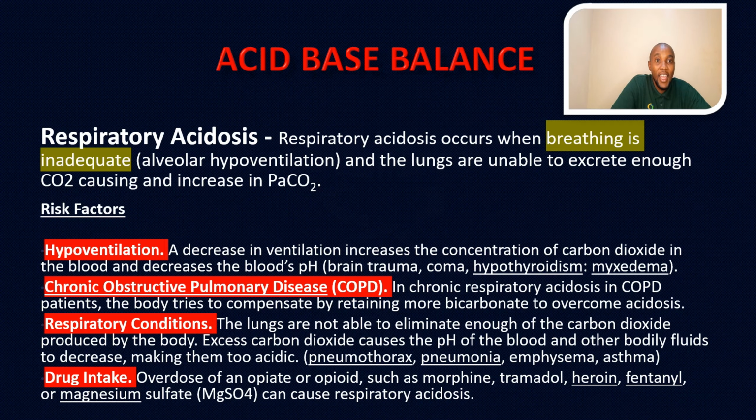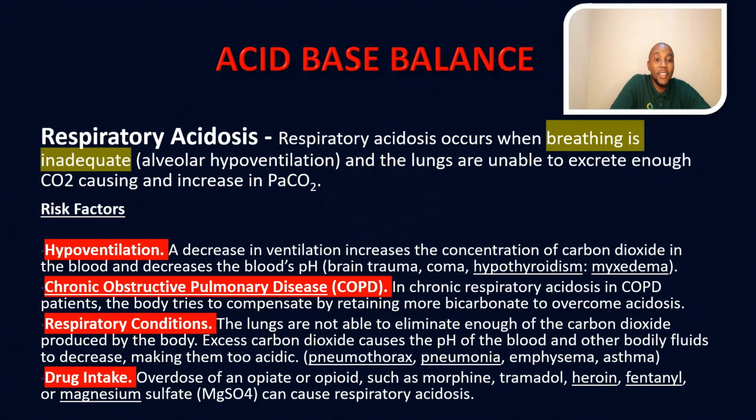What are some of the risk factors which can contribute to respiratory acidosis? One, as the name suggests, respiratory, we have some respiratory conditions such as chronic obstructive pulmonary disease, or what we call COPD.